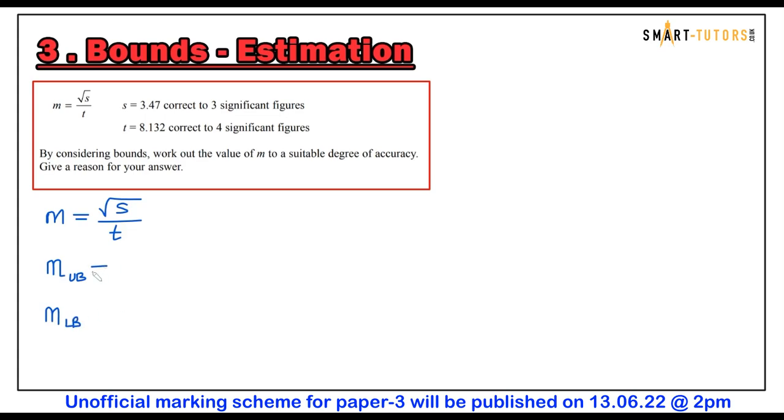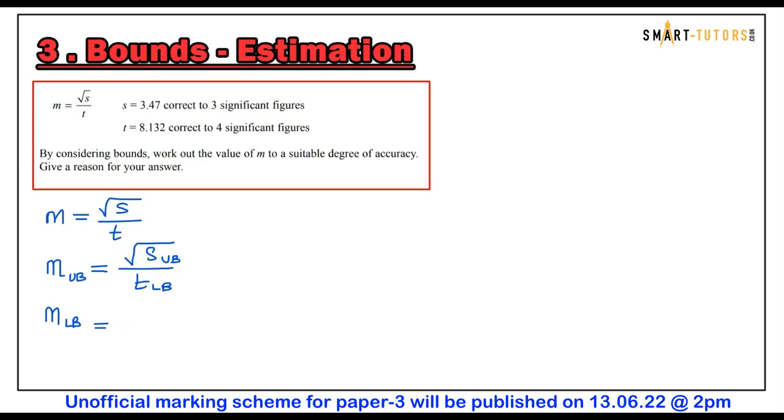So M's upper bound means you need to find the upper bound of the square root of S divided by T's lower bound. Because the denominator is smaller, the answer will be bigger. So the bottom number has to be the lower bound.